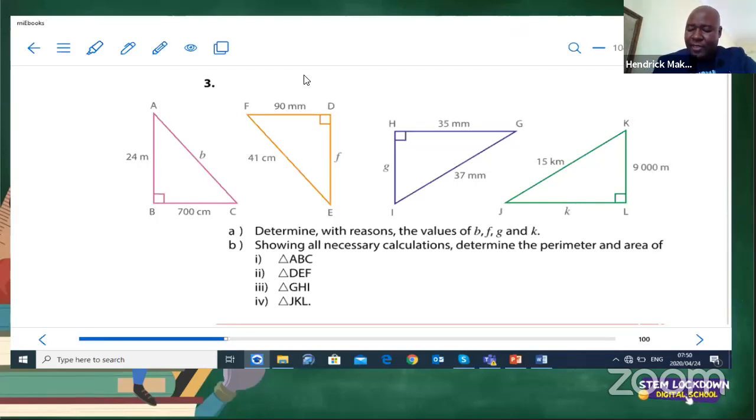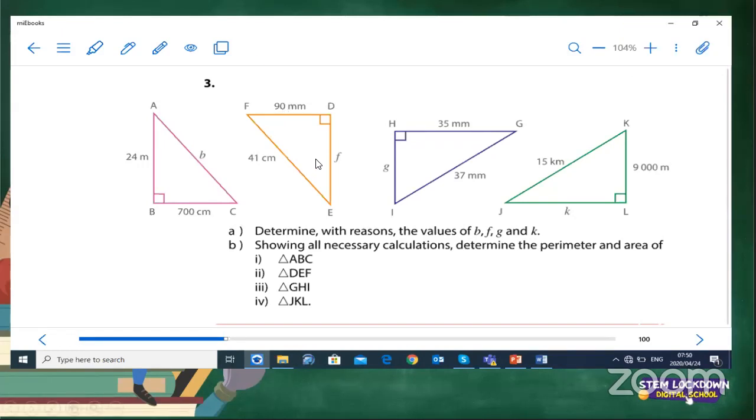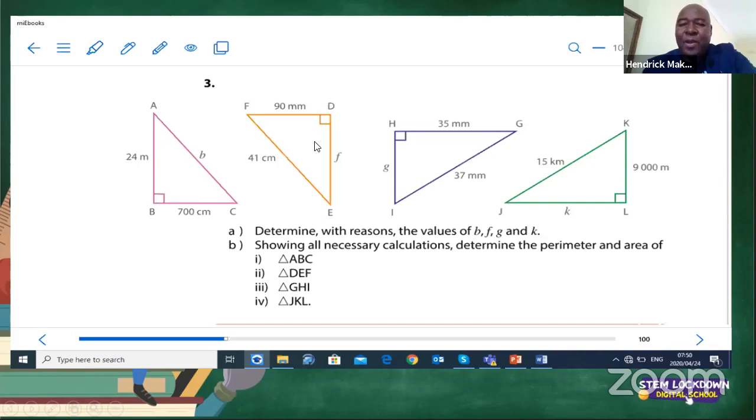The next activity, we are carrying on now with the next one, which is the triangle FDE. So in this triangle, what is important is to remember that you are given the hypotenuse side. You are not given F, which is just the adjacent side there, and you are given FD.